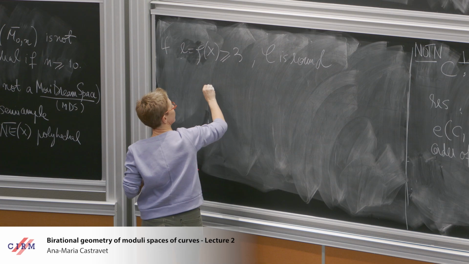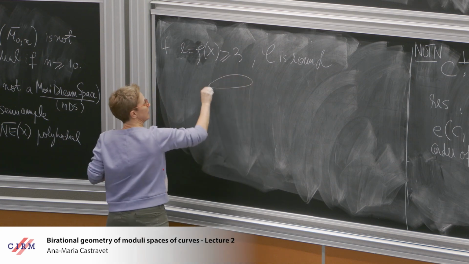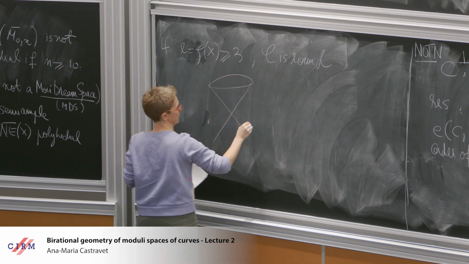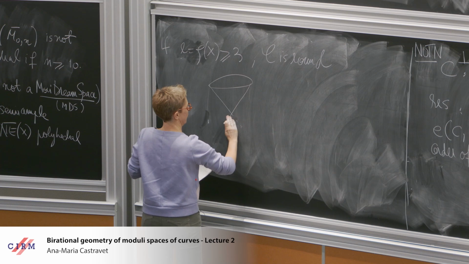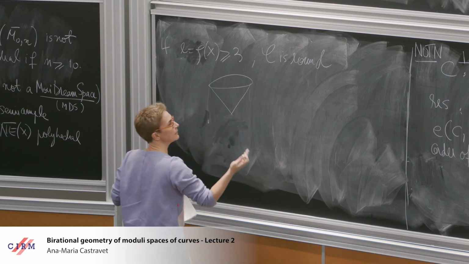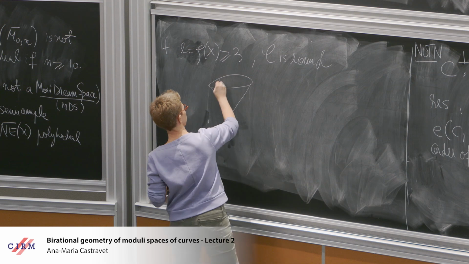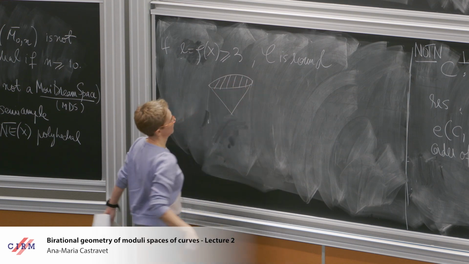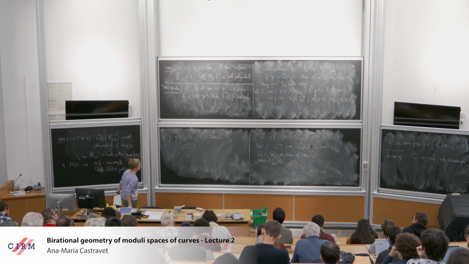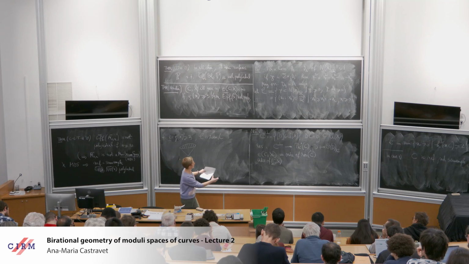If you take a cross-section of the cone with a hyperplane where you keep the first coordinate fixed, you get really a round disk.